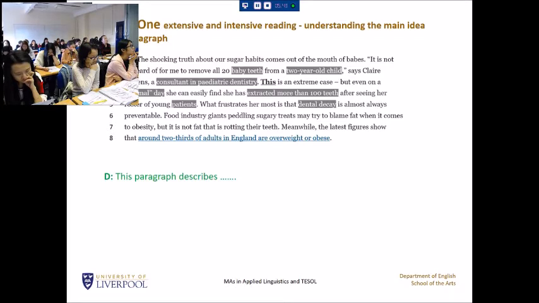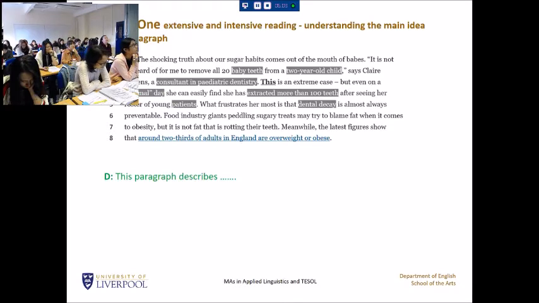What's the paragraph describing? Starting word. Patients. Well, it's not really describing patients either, is it? Because if you're describing patients, you'd be saying some are thin, some are fat, some are happy, some are sad. So that would be describing patients.